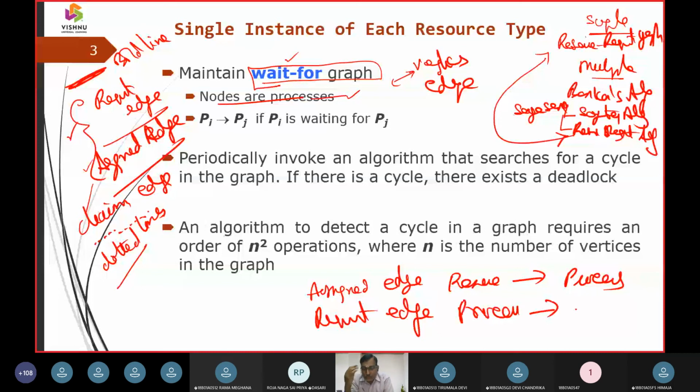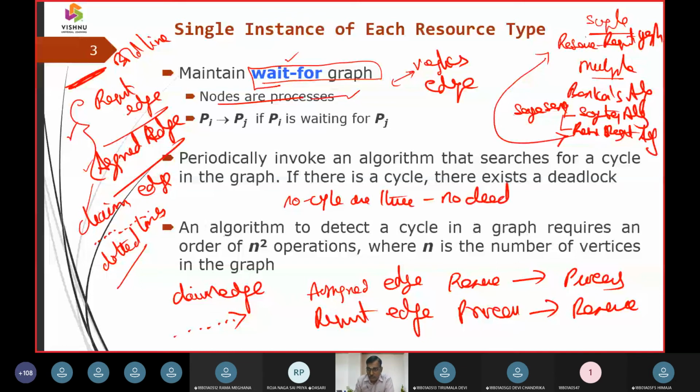So either working with multiple instances or using a single instance graph, we should see that the graph has no cycles. If no cycles are there, then we can say no deadlock. If cycles are there, then there is a chance of deadlock.